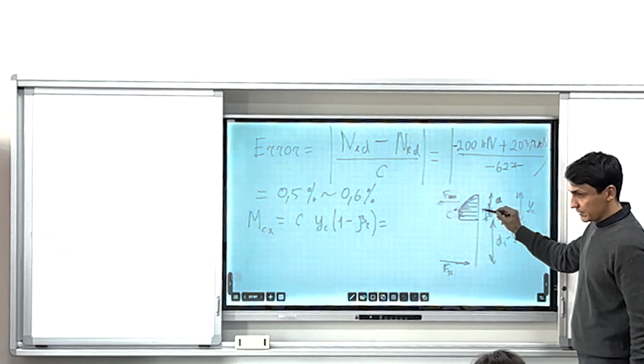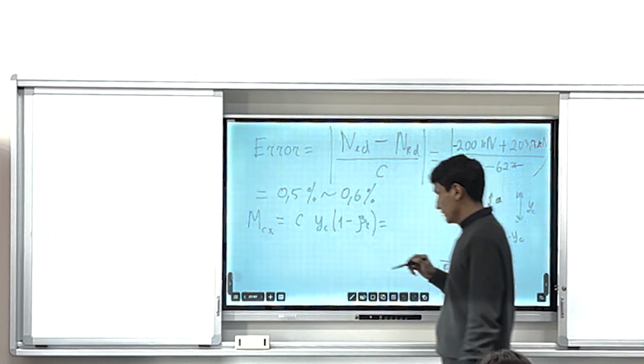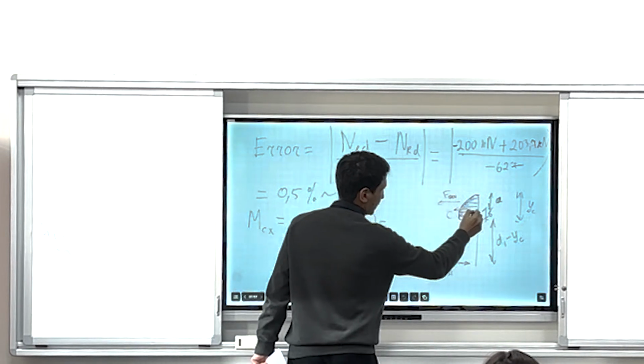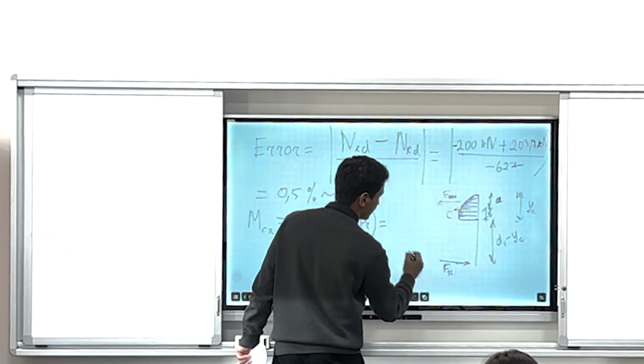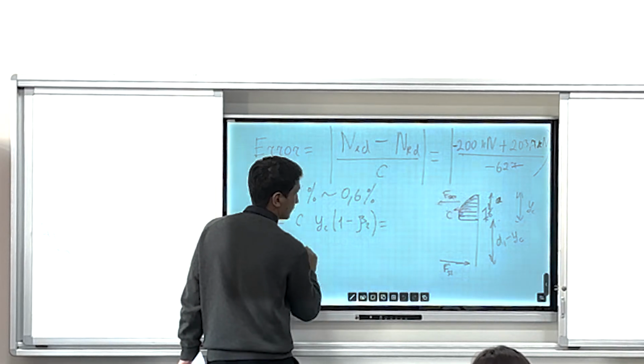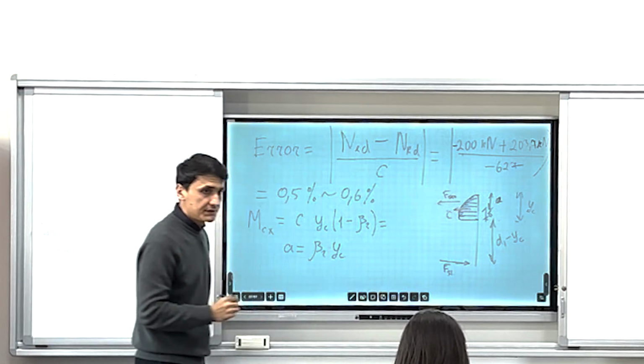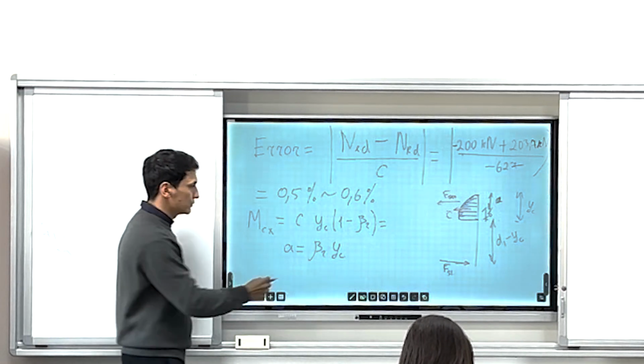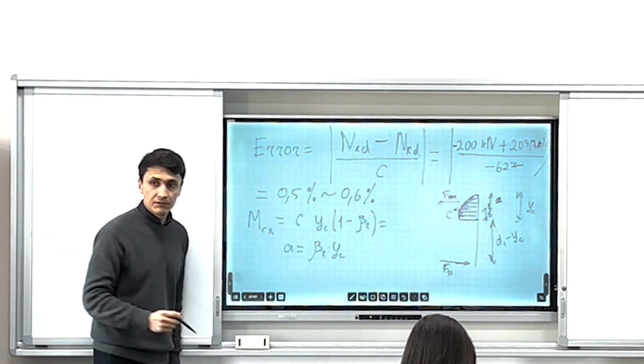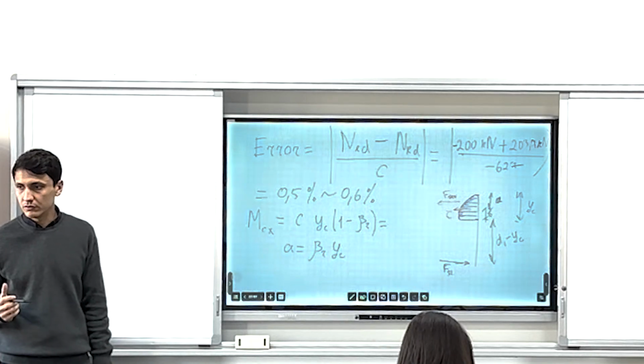B we multiply by C. So B, in this case, will be equal to beta 2 multiplied by YC. This is the idea. Beta 2 is given by the textbooks for the Eurocode.